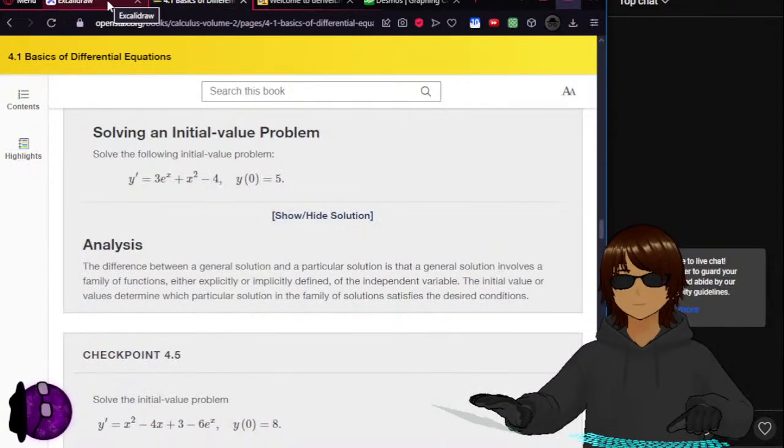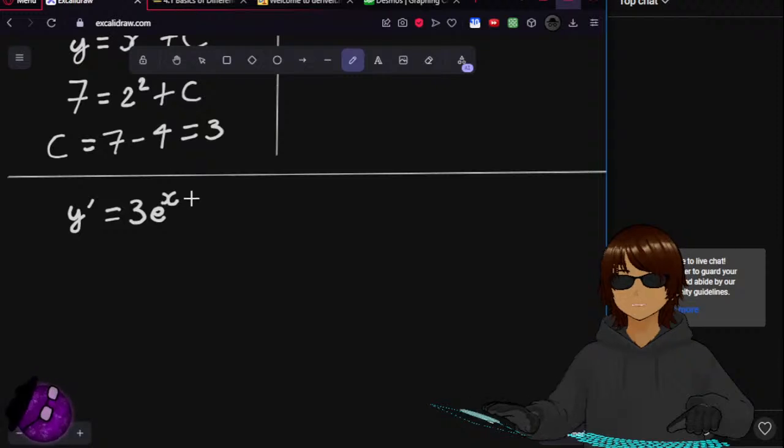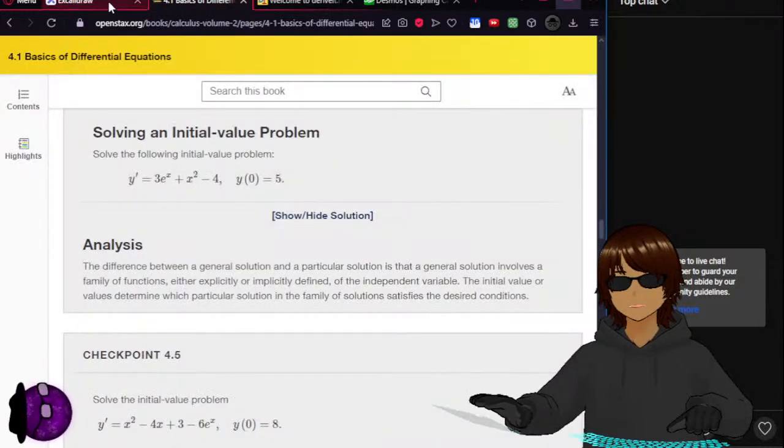Three e to the power of x plus x squared minus 4. y(0) is equal to 5.